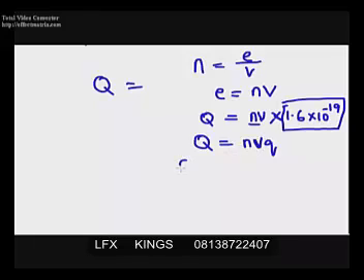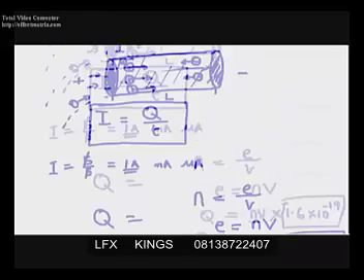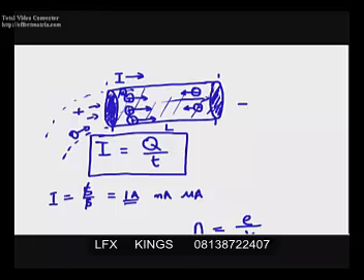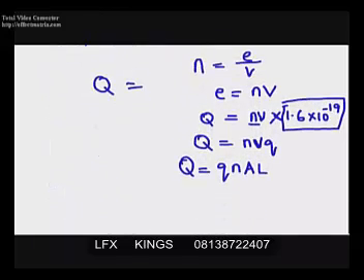We have q, then n, then the volume is equal to area multiplied by length. So the volume is the cross-sectional area multiplied by the length.